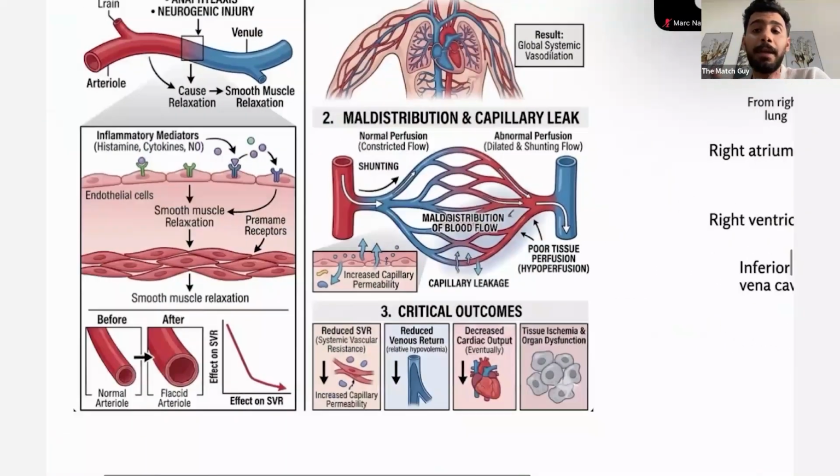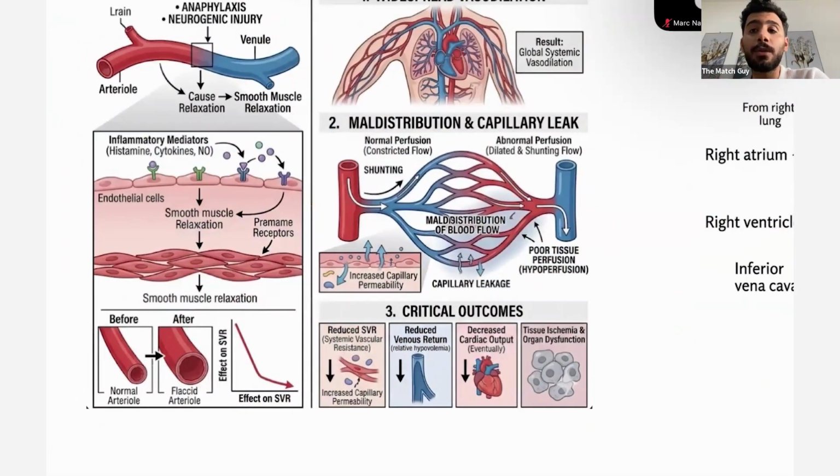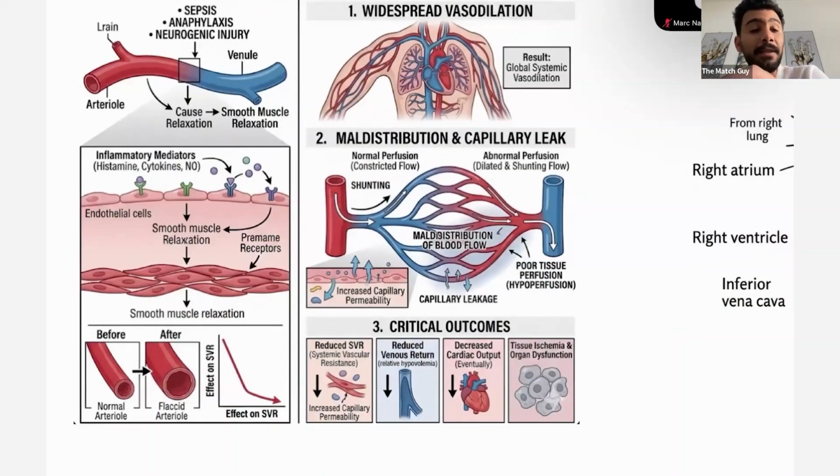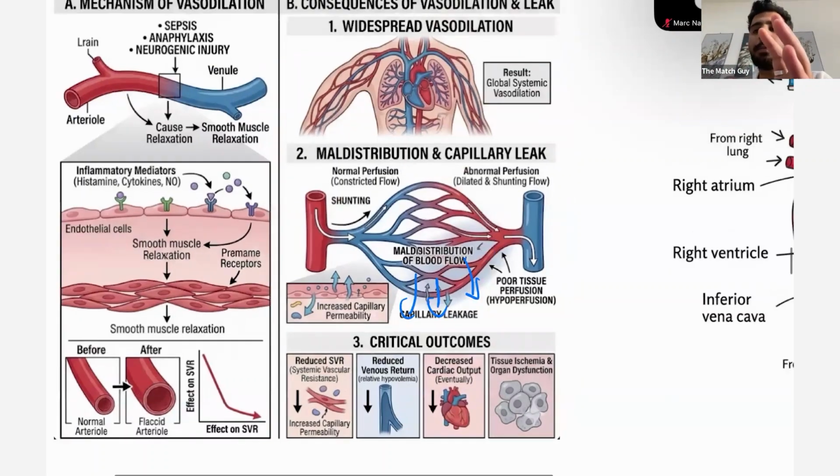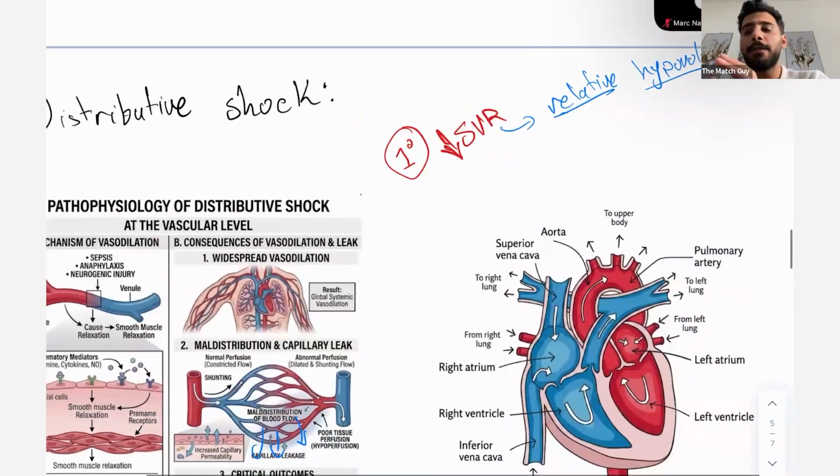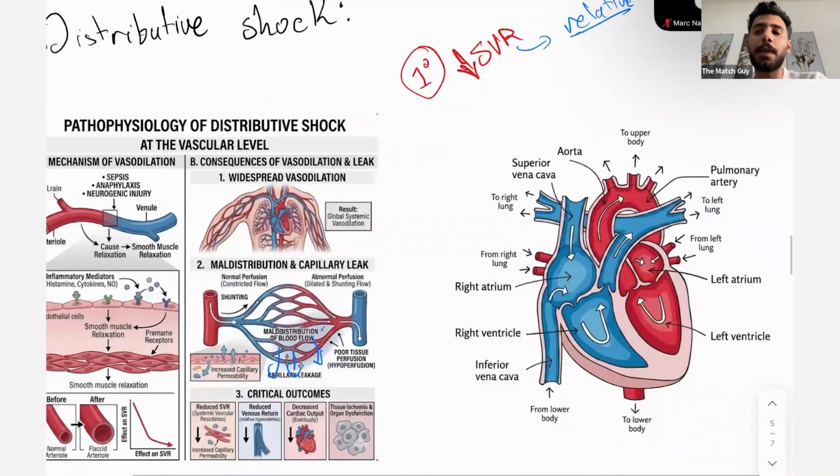And an increase in the capillary permeability is going to cause more blood to be leaving the blood vessels into the tissue and accumulating in the tissue, and less blood coming back to the heart. So this is the main and the primary problem that we're going to have in distributive shock, and then everything else is going to follow.